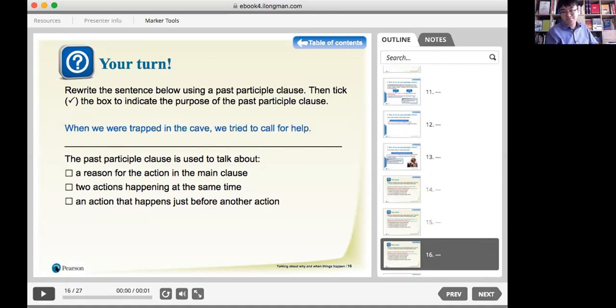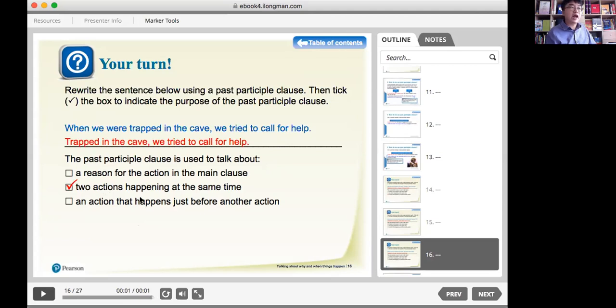Last question. When we were trapped in the cave, we tried to call for help. 10 seconds. Okay, the answer is: trapped in the cave, comma, we tried to call for help. Full stop.